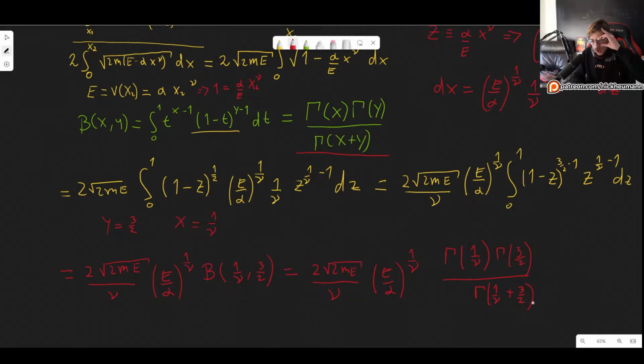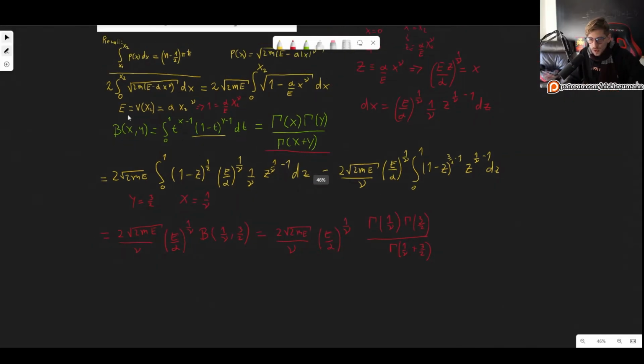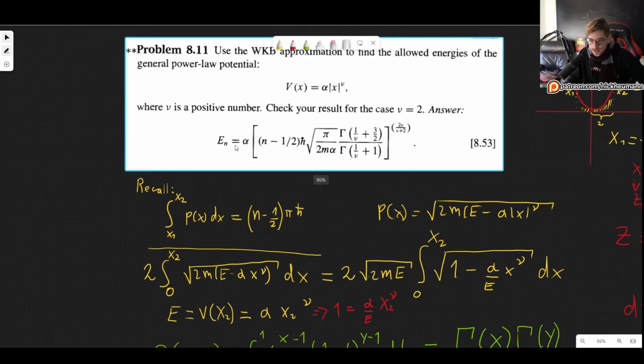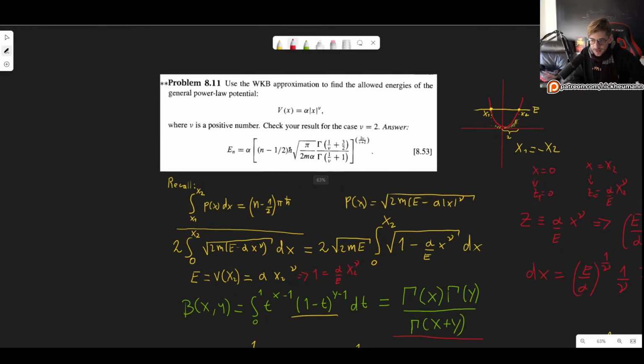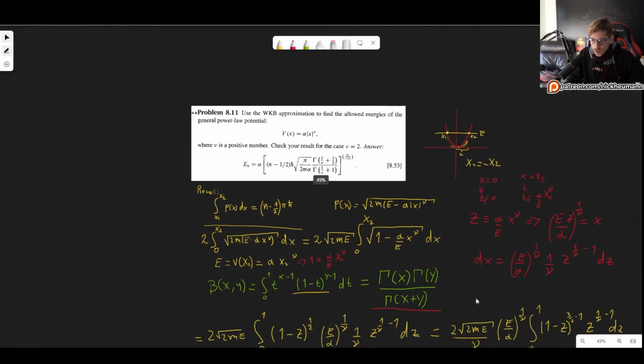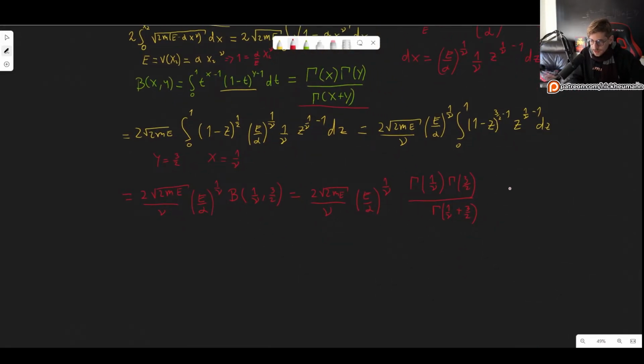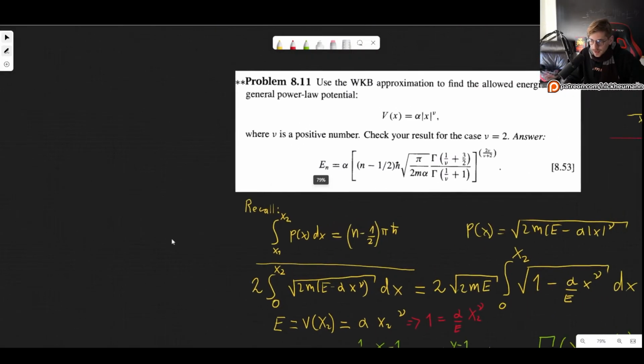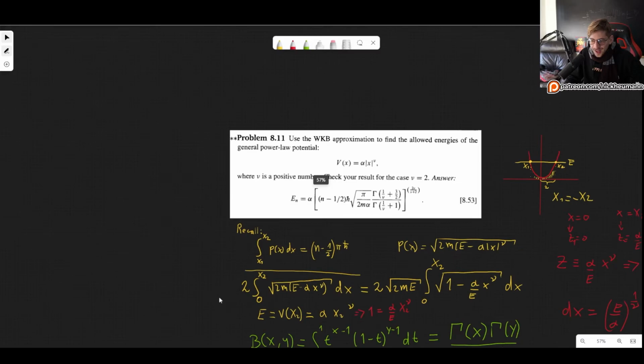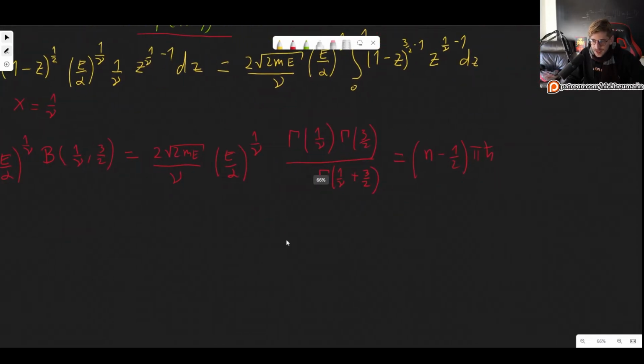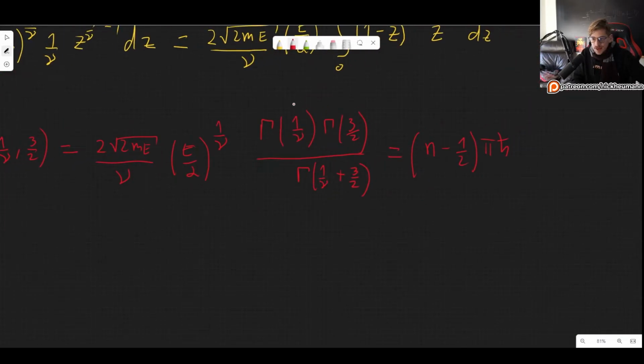In principle, this is already the answer, but it isn't really what we are looking for. Now, what we want to do is find the energy, so of course we still have to plug this back in here, but there's still a lot that doesn't quite look like what we want, right? So first of all, let's remember that this is equal to n minus 1/2 pi h bar. All that we were doing was simply solving this integral. That's all we have been doing this entire time. So now our mission is to somehow simplify all of this.